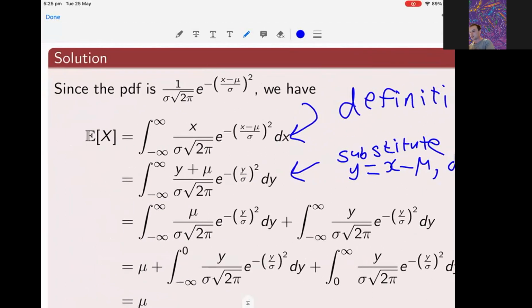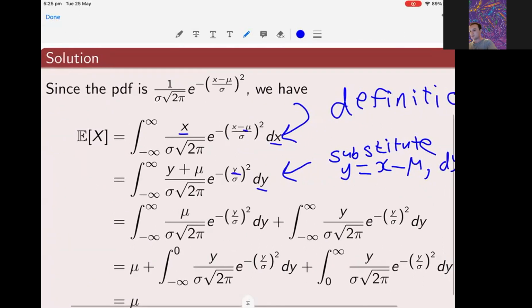So that means we're able to just replace dx with dy immediately. x minus mu becomes y, and x becomes y plus mu. So as I said, it's basically just a really simple change of variables there. You'll see why I made this change of variables in a second. Well, actually, you'll see why right now.